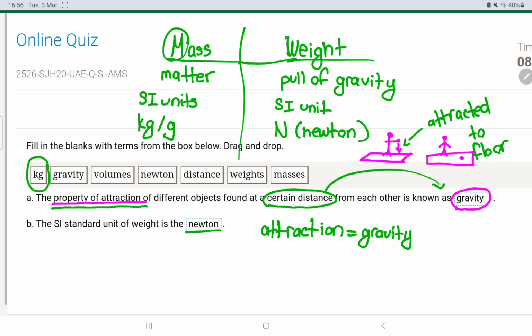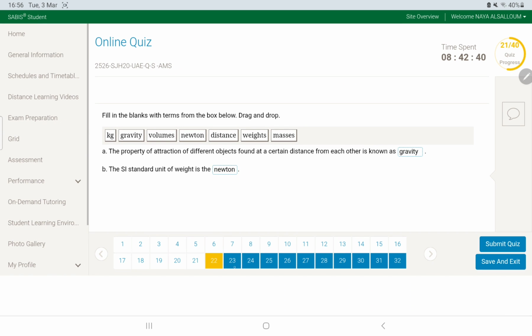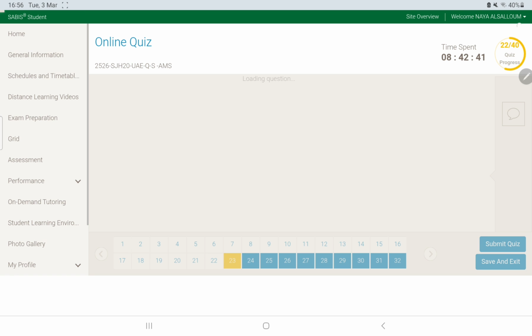Okay? So here, they're asking you for what? The SI standard unit of weight. So let's go back to the table. The weight here, what's its SI unit? Newton. Okay? So let's move on.